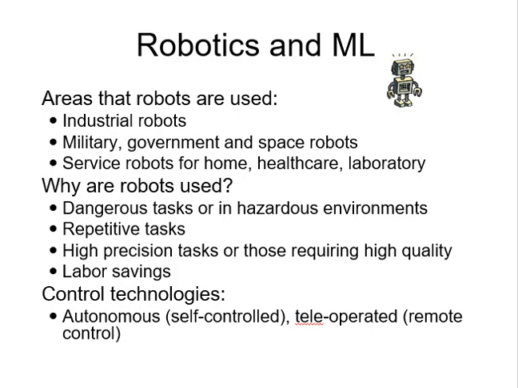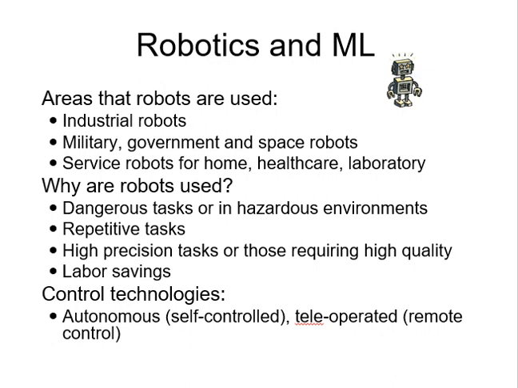In this, we are going to see robotics and machine learning. Usually robotics and machine learning are similar, because a robot is a machine which learns from past data, and it will work like a human, or it can be a substitute for a human. So both of these features are similar. So we can see where robots are used.